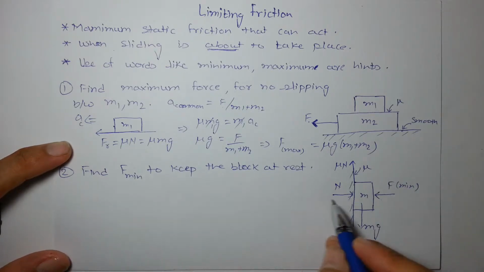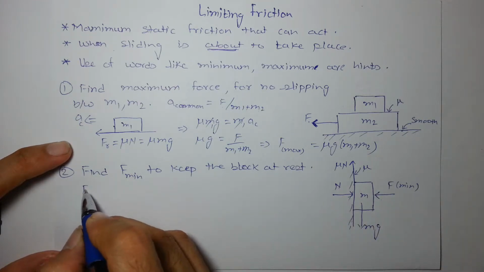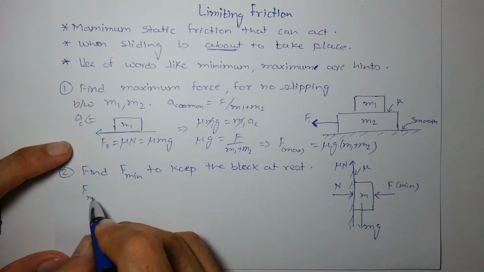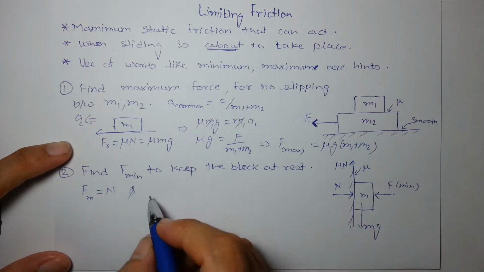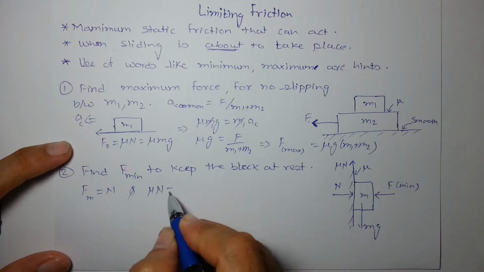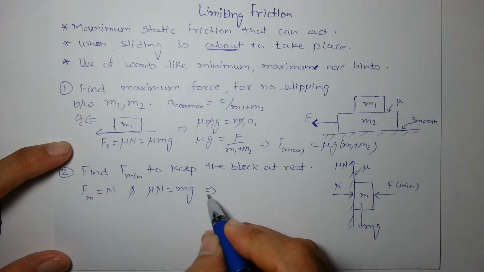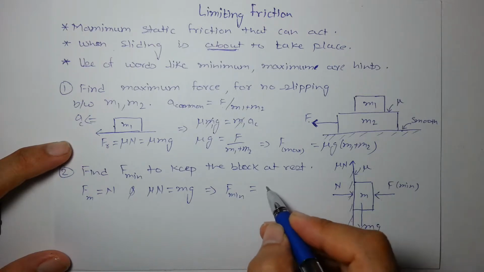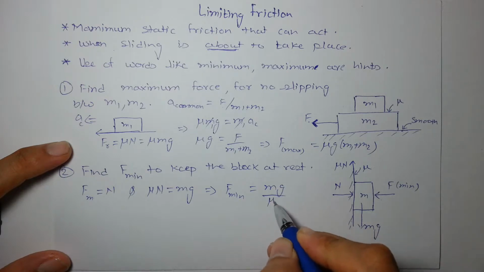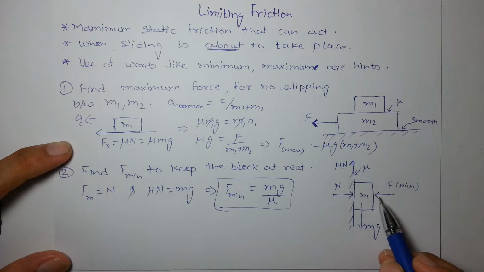Applying horizontal forces to balance each other, F min is nothing but N, and for vertical forces to balance, mu N is equal to mg. Putting the value of N, we easily get F min is equal to mg by mu. So this is the minimum force to keep the block at rest against the wall.